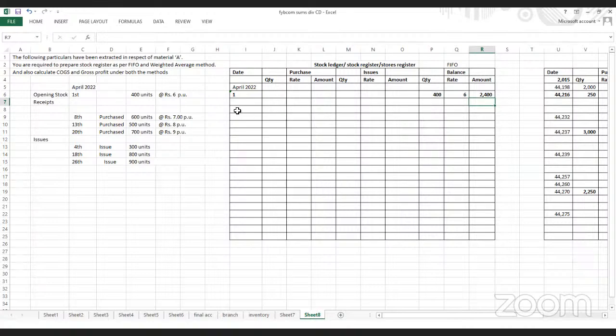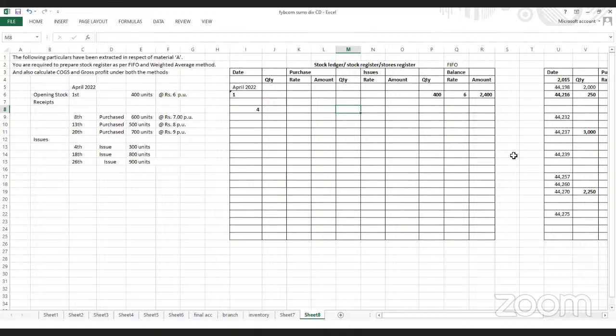Okay, now next date will be 4th of April. So I'll write date 4. On 4th, the company has issued 300 units. So I'll go to issues column. Under issues again we have quantity, rate, and amount, three sub columns.